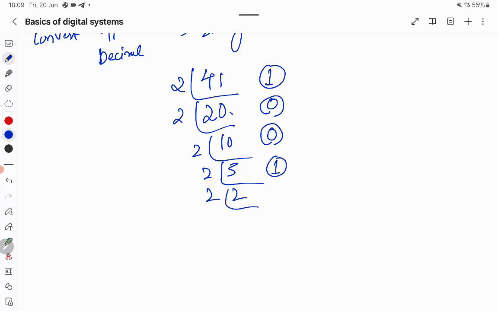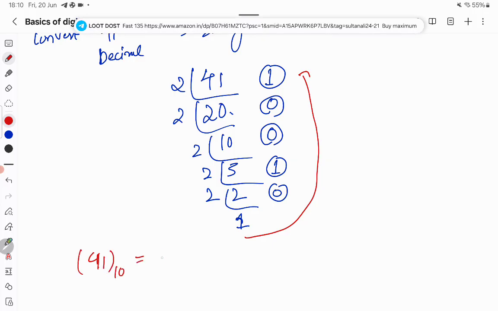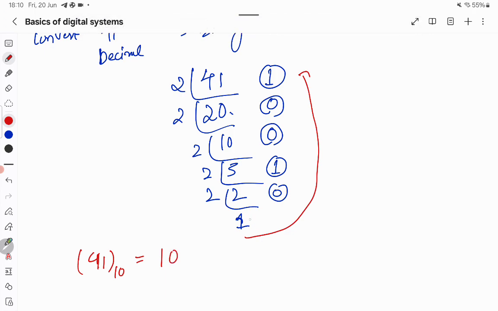Then 2 into 1, the remainder is 0. You consider all these and write from down to the up. So the decimal 41 base 10 is equal to 1 0 1 0 0 1, the binary representation of 41.